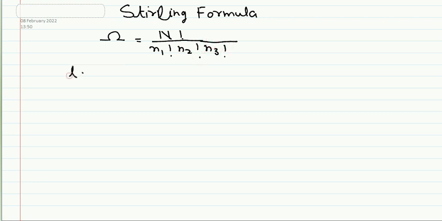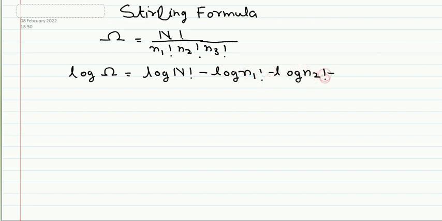And if we take the log of both sides, then log omega is equal to log of n factorial minus log of n1 factorial, then minus log of n2 factorial, minus log of n3 factorial. So how we will write this?